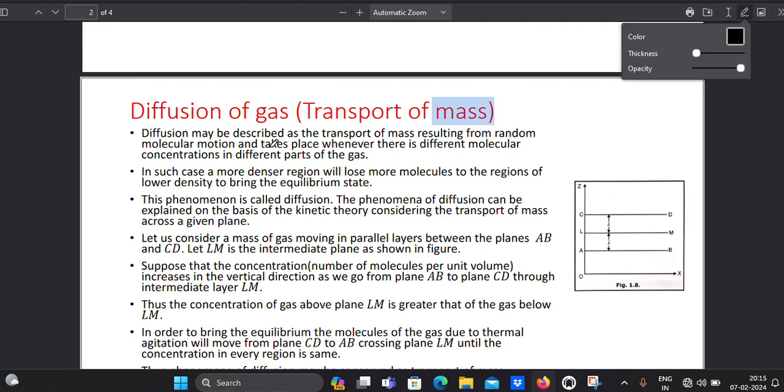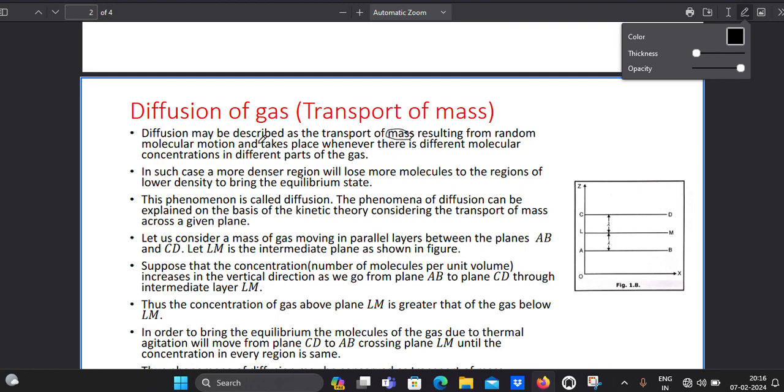Diffusion may be described as the transport of mass resulting from random molecular motion, and it takes place whenever there is a different molecular concentration in different parts of the gas. See here, diffusion may be described as transportation of mass. So here diffusion is because of mass movement.